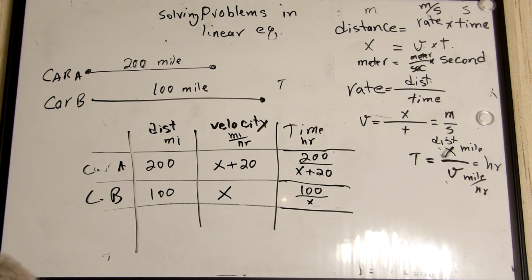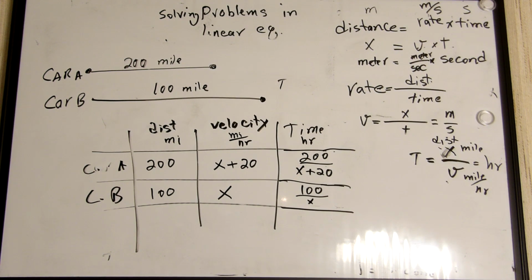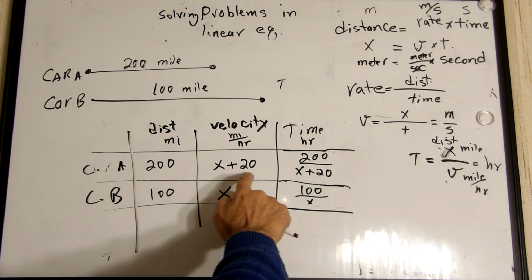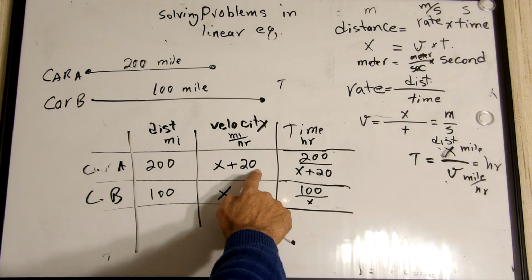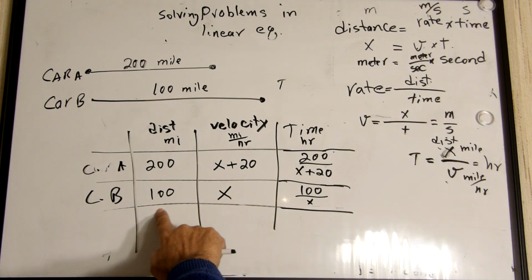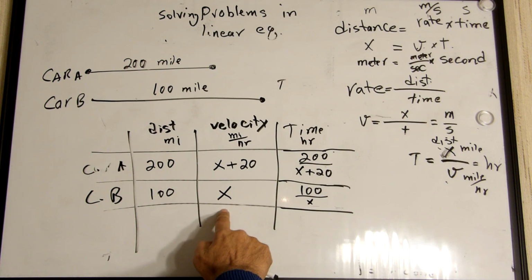They spent the same time, I mean the time was equal. They traveled somewhere, the distance was 200, but this one is going faster, and this one traveled 100 miles, it is slower than this one.